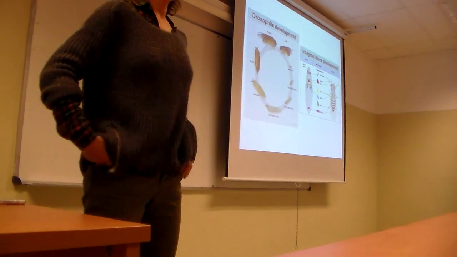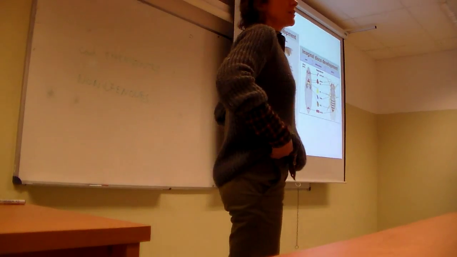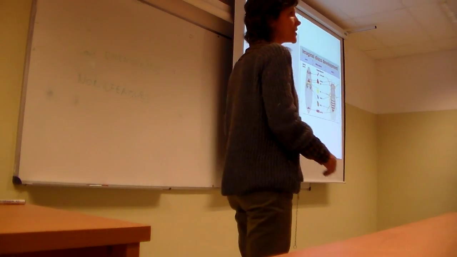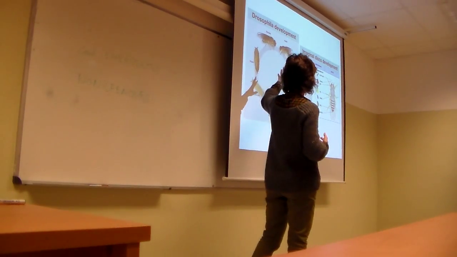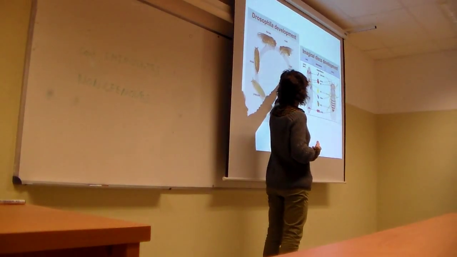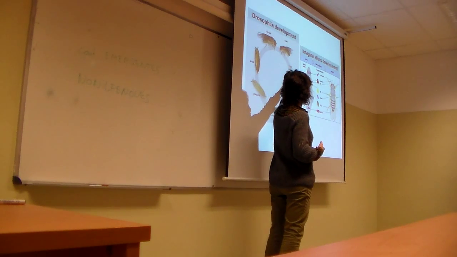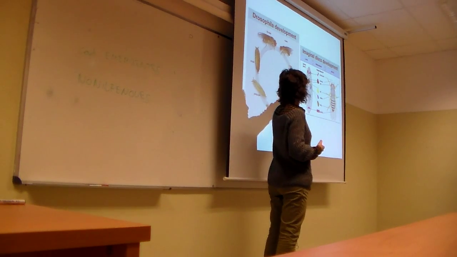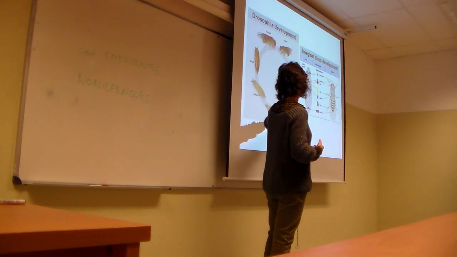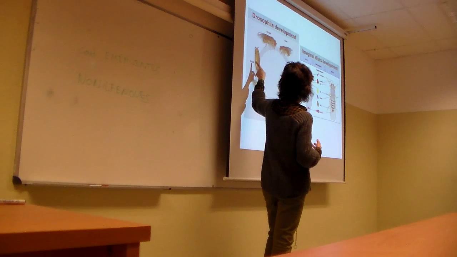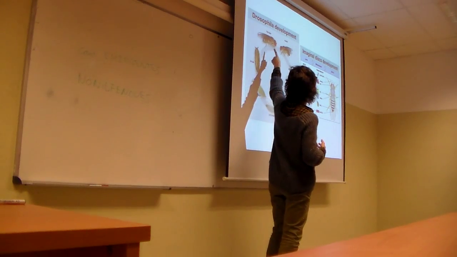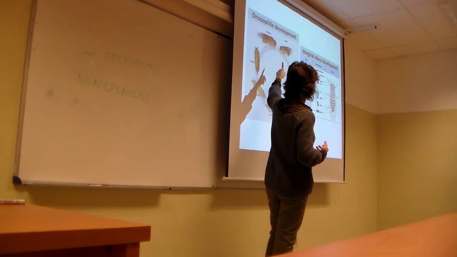In this case, the development is very different. This is a Drosophila, but the stages are comparable. The Drosophila lays an egg that is transformed into an embryo, and inside it transforms into a different kind of larva, and at the end into a pupa that through metamorphosis transforms into a fly again.